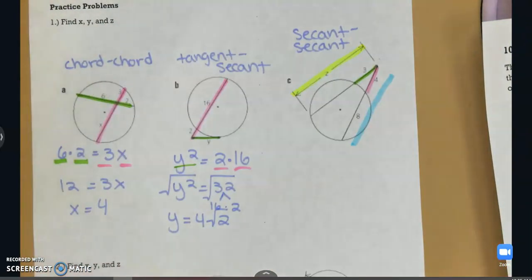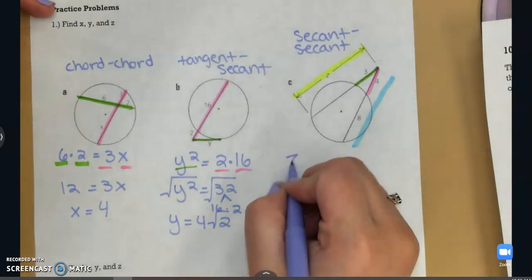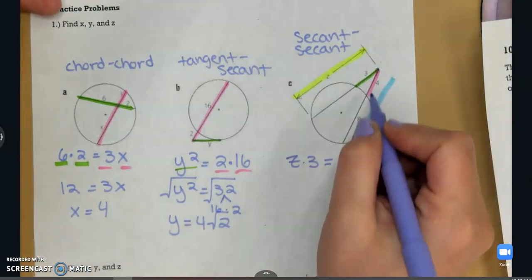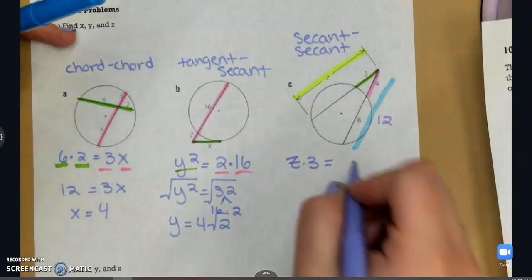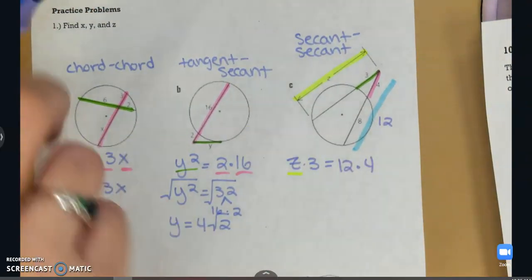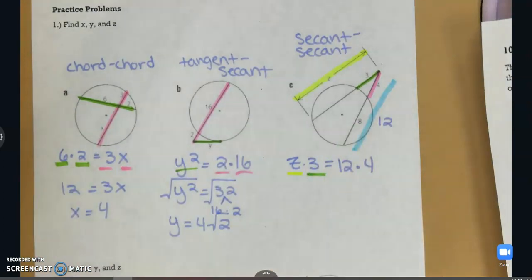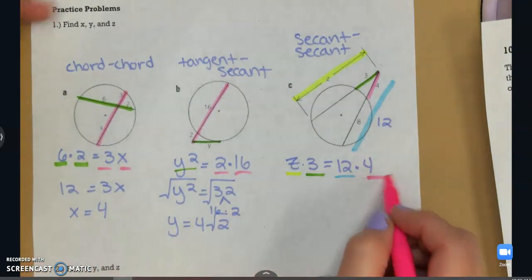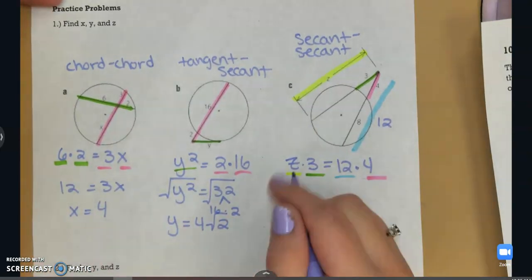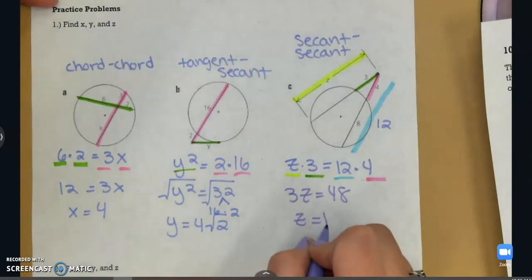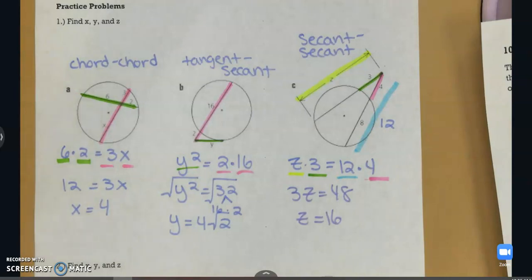So my relationship is yellow times green. So Z times 3 is going to equal blue times pink. Well, blue is going to be 4 plus 8, which is 12. So that was yellow times green equals blue times pink. So 3z is going to equal 48. If I divide both sides by 3, I get 16.